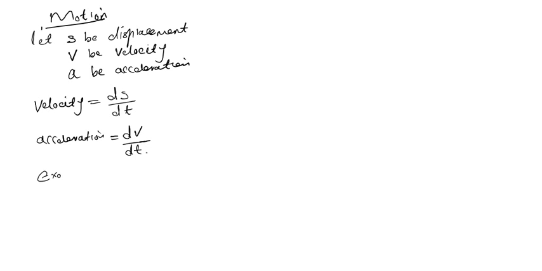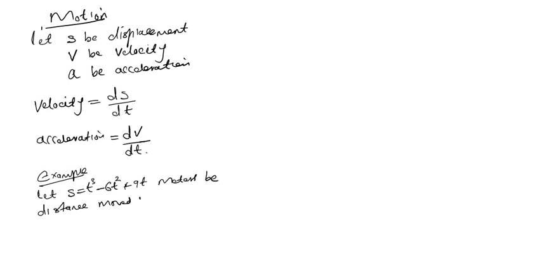Example, let S equals t power 3 minus 6t squared plus 9t meters, be the displacement or distance moved by an object, where t is time in seconds. So we can find a number of things.